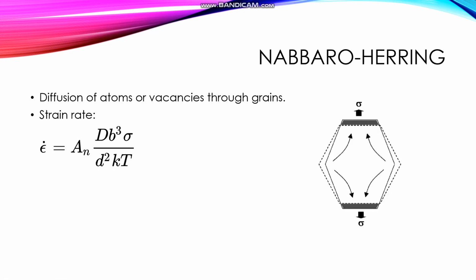The next one is called Nabarro-Herring creep, which is the diffusion of atoms or vacancies through the grain. You can see here in this schematic diagram, and the strain rate can be found using this equation. Grain boundary sliding occurs in conjunction with the Coble and Nabarro-Herring creep.